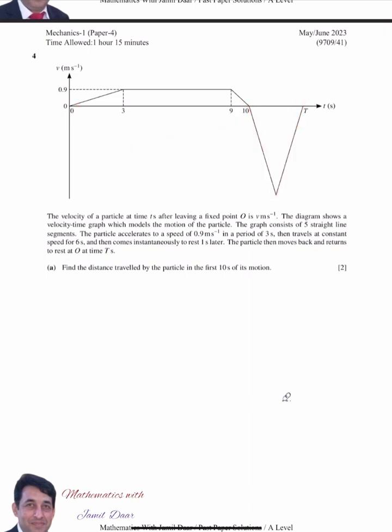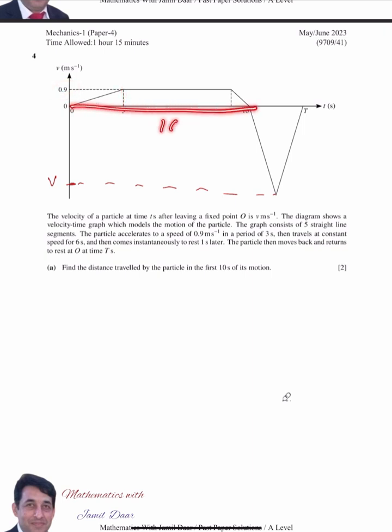Okay, so if we say that this is V, they are saying find the distance traveled by the particle in the first 10 seconds. So first 10 seconds, it's a trapezium. Height of the trapezium is 0.9.